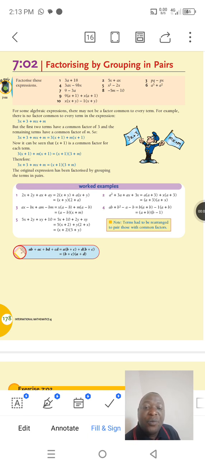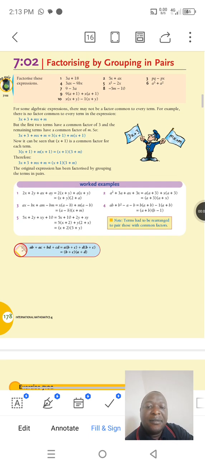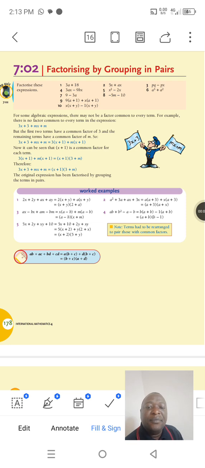Then for question 2, factorize a squared plus 3a plus ax plus 3x. Now, if we pair the first two terms, that is a squared and 3a, and also pair ax and 3x, we notice that for the first pair, a common factor is a, and for the second pair, the common factor is x.